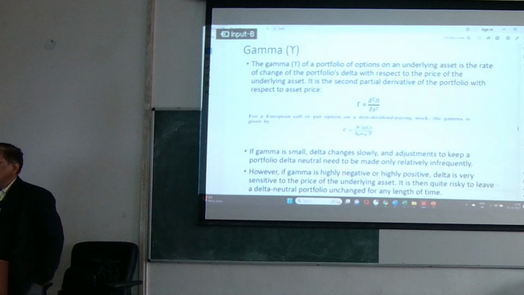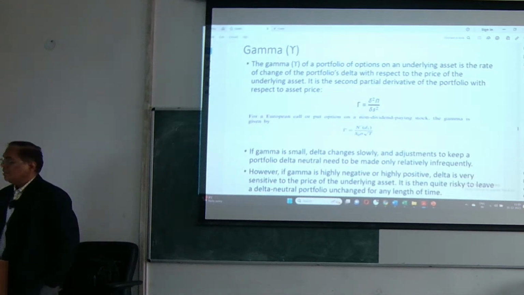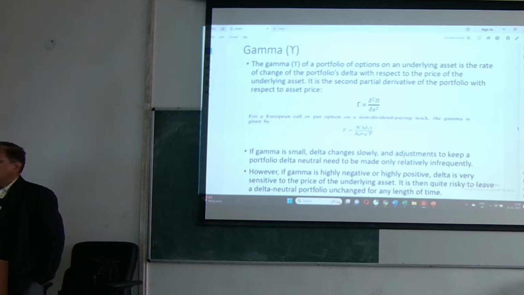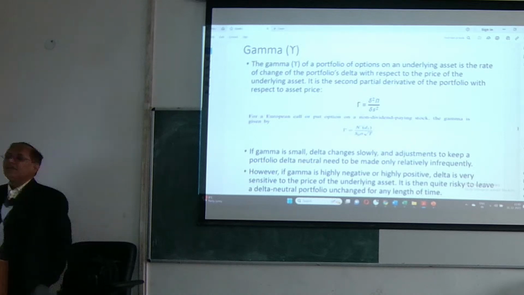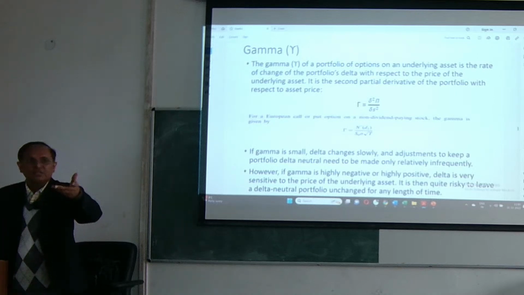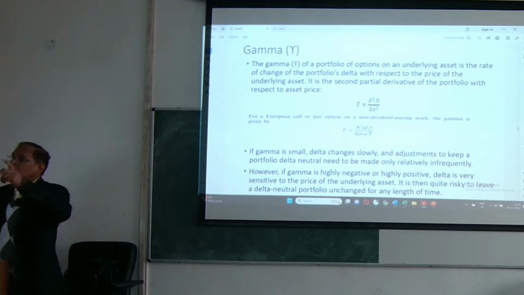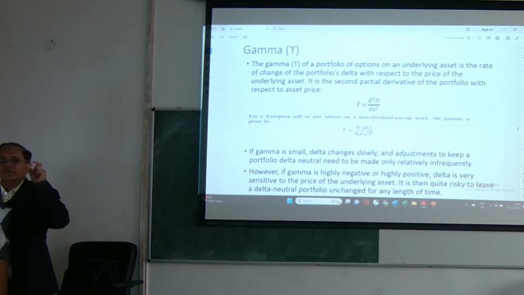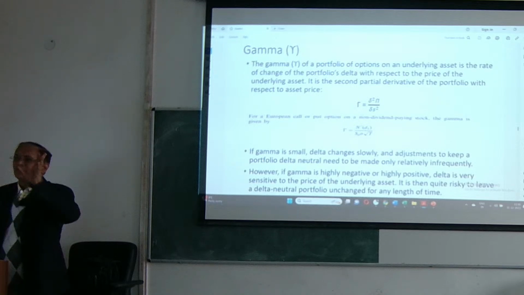Now, what is important here to you is some relationship, how it has to be used. Look here, if gamma is small, delta changes slowly, and adjustments to keep a portfolio delta neutral need to be made only relatively infrequently. और अगर गामा लोअर है, गामा कम है, गामा स्मॉलर है, तो आपको डेल्टा बार बार एडजस्ट करने की जरूरत नहीं होगी.